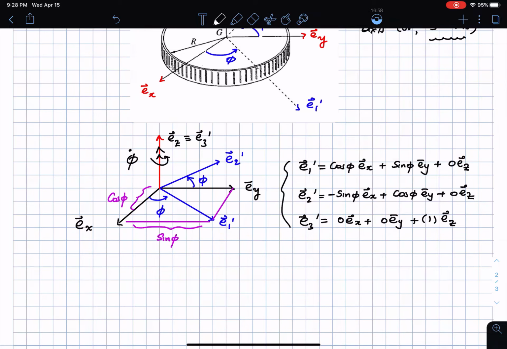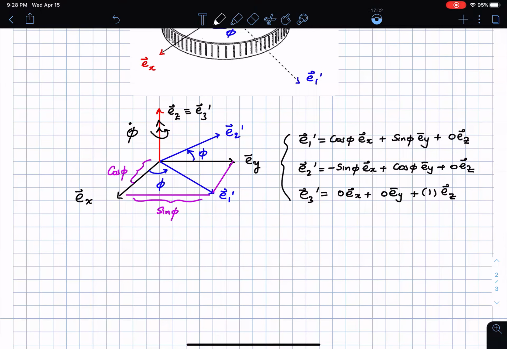Okay, this is the coordinate transformation that is happening here, which means that I can take E1 prime, E2 prime, and E3 prime and write them in terms of EX, EY, and EZ as the following. So this implies that in the first sequence of rotations, E1 prime, E2 prime, E3 prime is equal to the following.